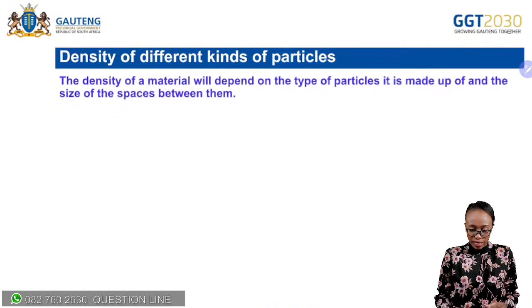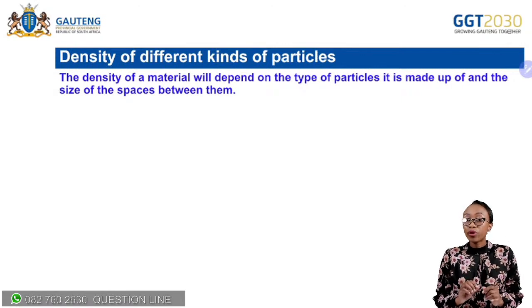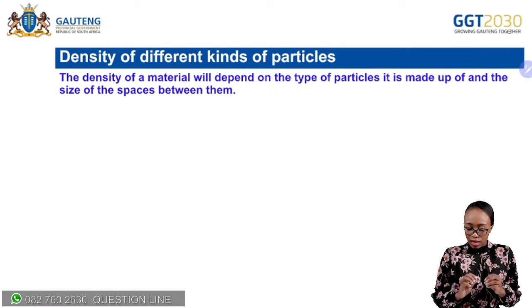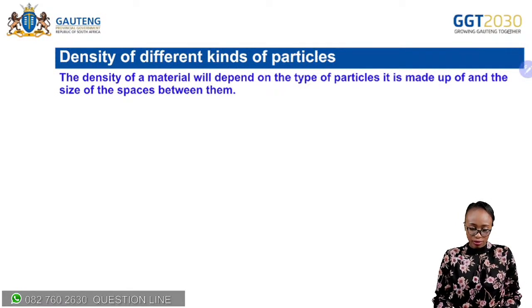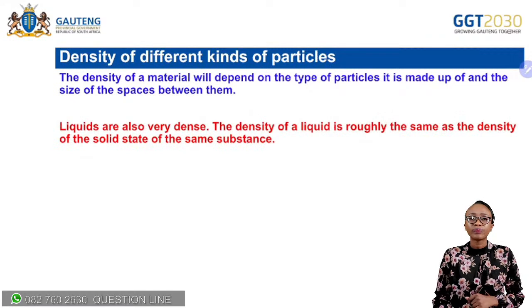So when we look at the density of a material, remember we said it depends on the type of particles it is made up of and the spaces between them. Let's talk about liquids.